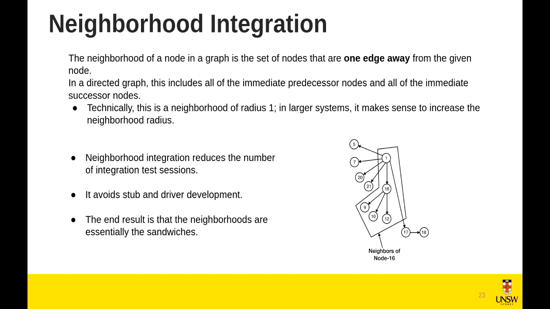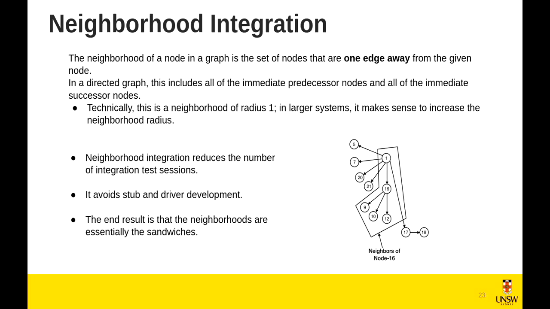So let's continue. Apart from pairwise integration, you may think that it may give us too many targets to test because we are testing them pair by pair. So what else can we do is test a neighborhood of units altogether. Normally, if we don't specify anything, a neighborhood of a node is considered as the set of nodes that are one edge away from the target node we are trying to test.